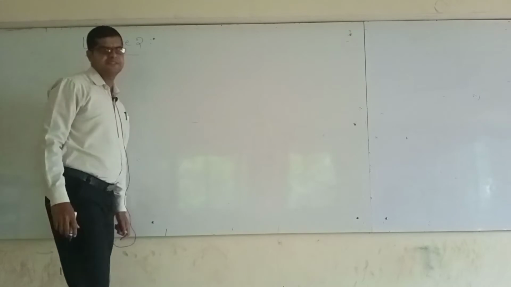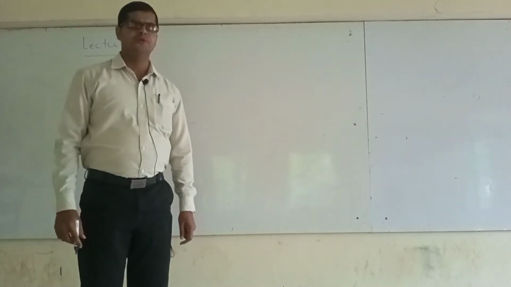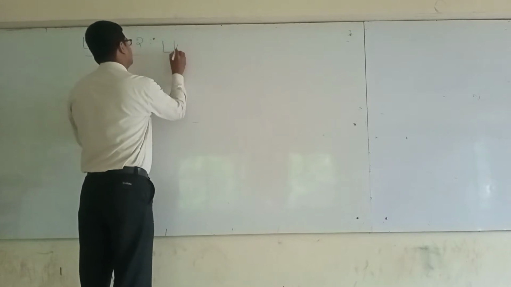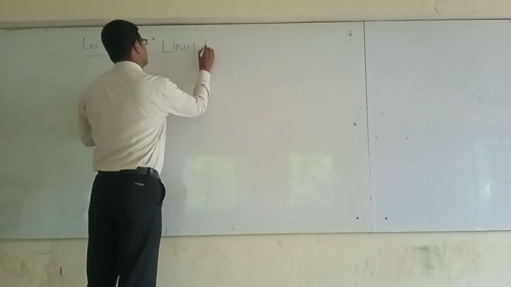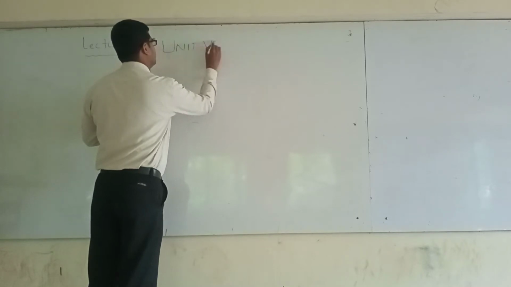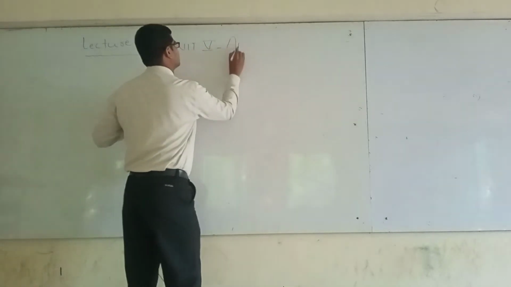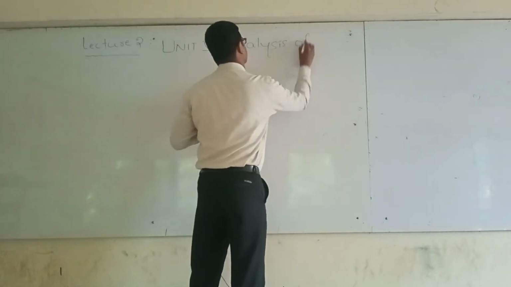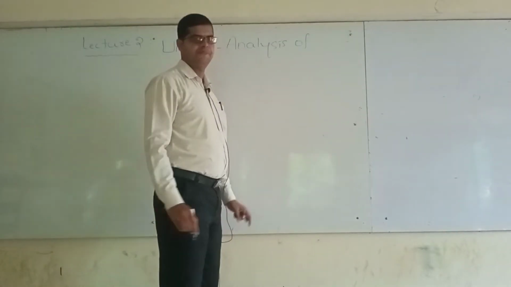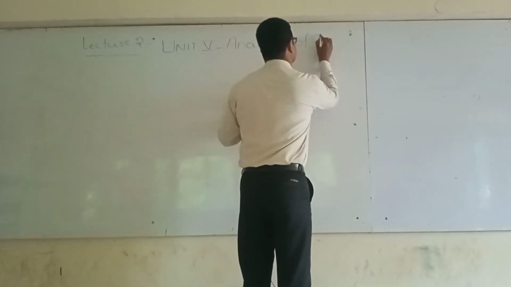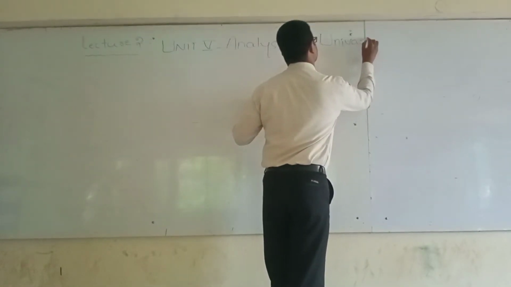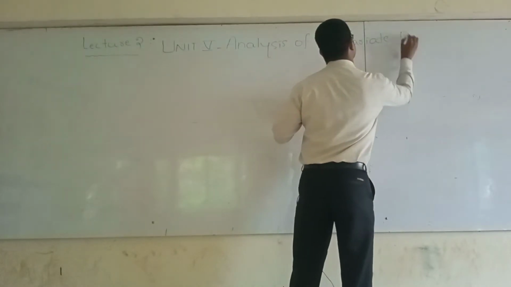As this is our second class, it is the same module, that is Unit 5, the fifth unit, analysis of univariate data.